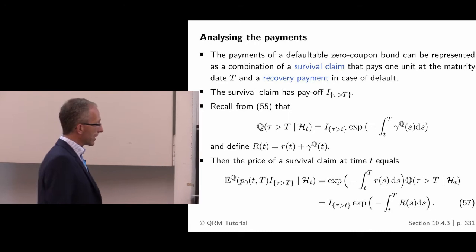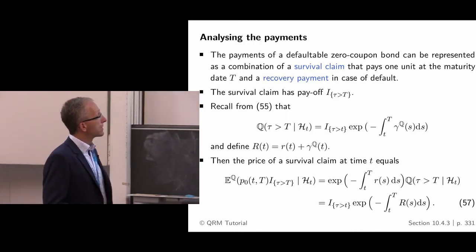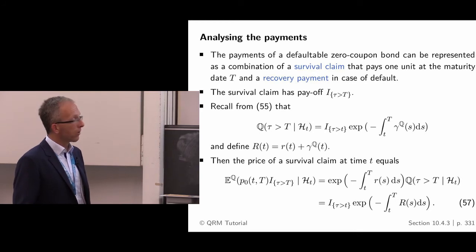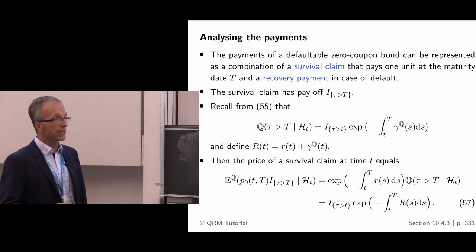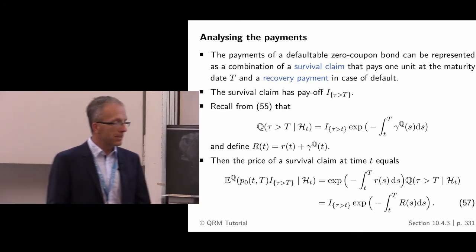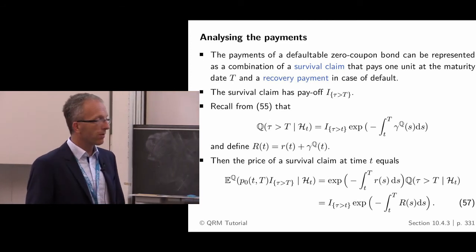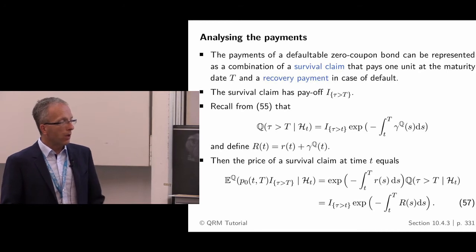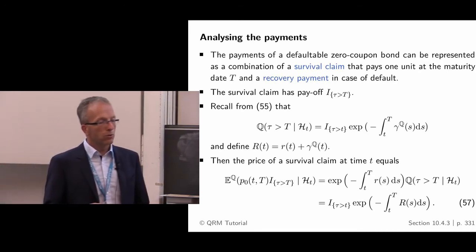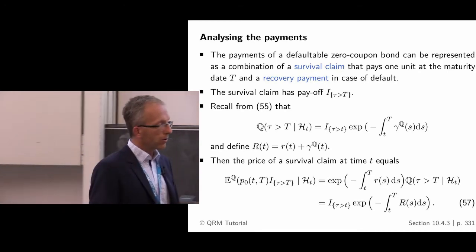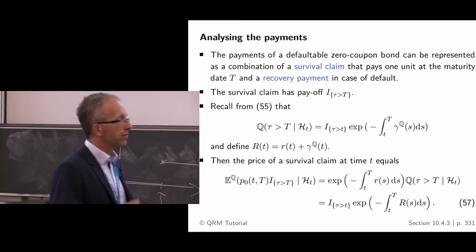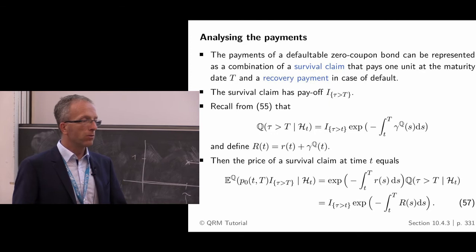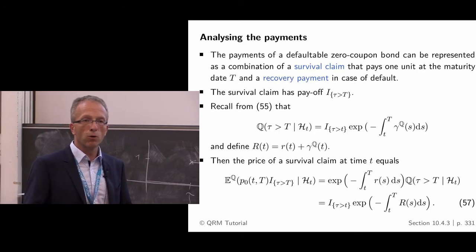Now if you look at that, that looks like the price of a default-free bond, only with another interest rate. So we see here a principle which we will see also later on in the more sophisticated models. In many models, it is possible to reduce the pricing, at least of survival claims or of defaultable zero coupon bonds, to the pricing of default-free zero coupon bonds.